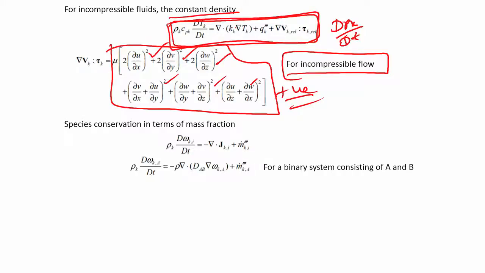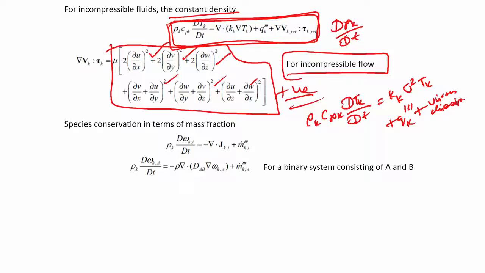Now, that k can be taken out also if it is like a constant thermal conductivity. So, this expression can become, the material derivative of T, can be written as k over rho Cp times the Laplace of Tk plus qk triple prime plus the viscous dissipation term.